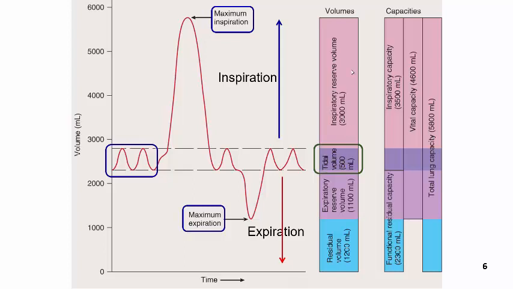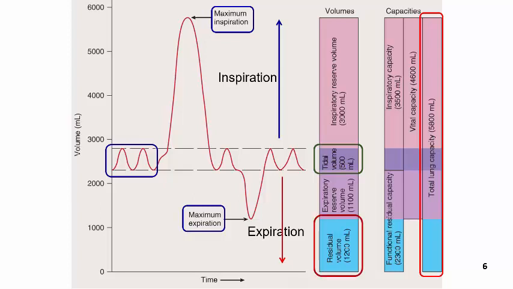And so on the right-hand side, we're just going to focus on just a few of these different measures here. Here we see tidal volume on average in the healthy adult lung is about 500 milliliters. The total lung capacity is a reflection of the size of the lung.